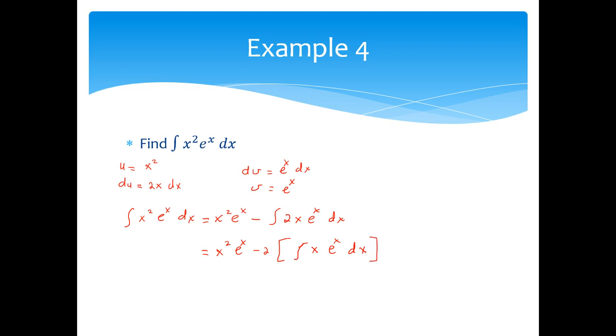And we found this integral earlier, so if we insert that integral, then we get x squared e to the x minus 2 times the integral we found earlier, which was x e to the x minus e to the x plus c.